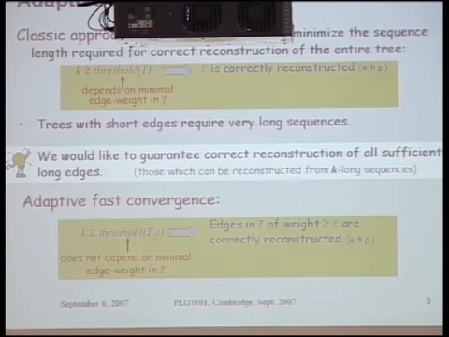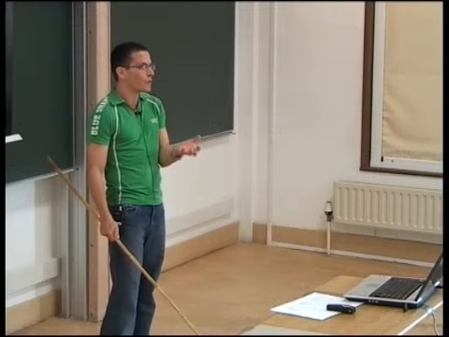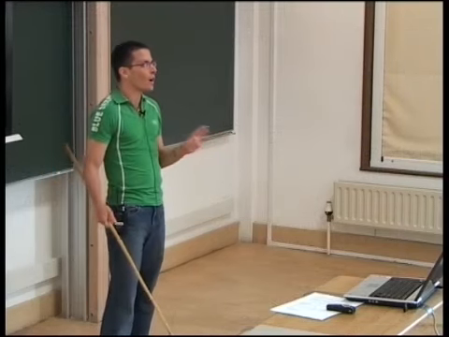And there is a trade-off between, we want a very clear trade-off between the length of the input sequence and the length of the edges which we are not reconstructing. So two things about this threshold function. One is written here in red. We don't want it to depend on the minimal edge weight, of course, because if we have very short edges, we don't want to care about them.